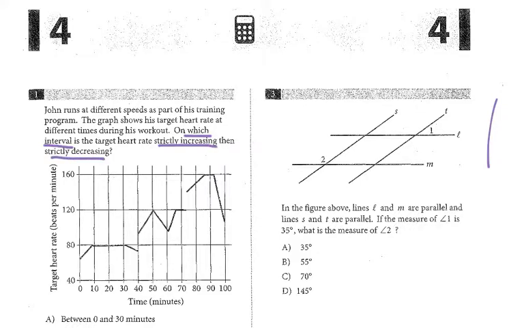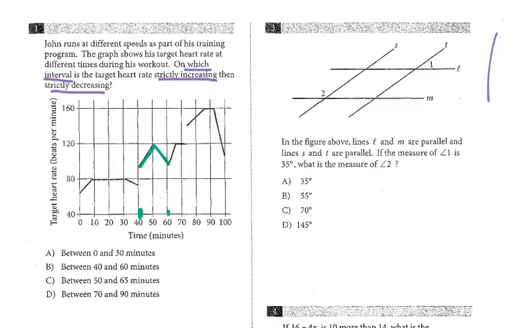Increasing function means that from left to right, the graph goes up, then goes down. So the interval will be between 40 to 60. Answer will be B.